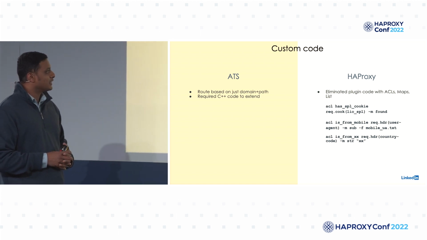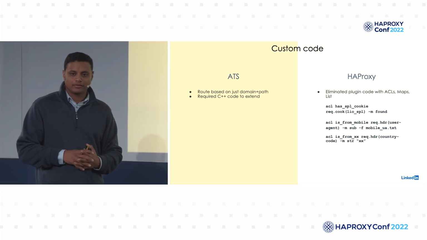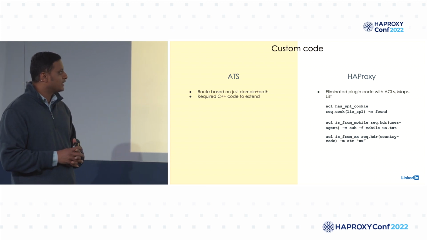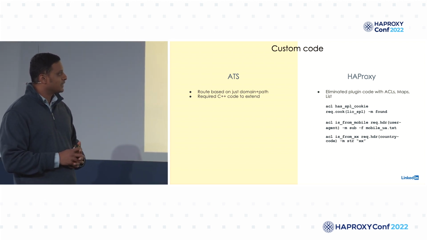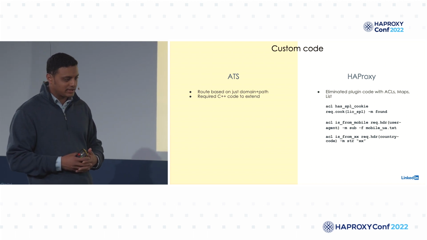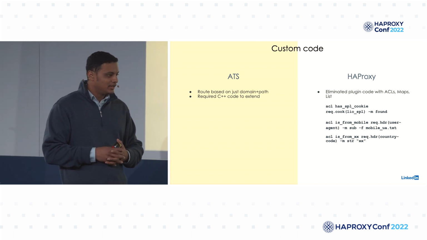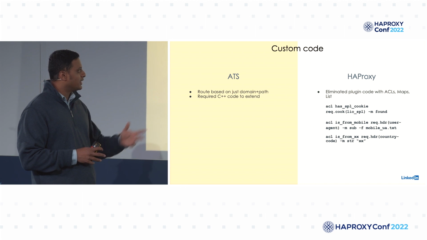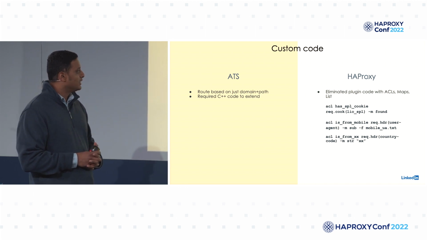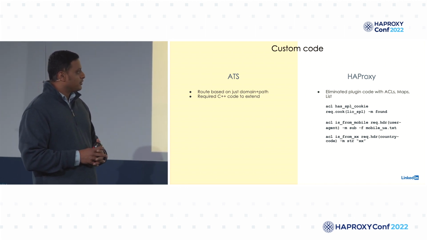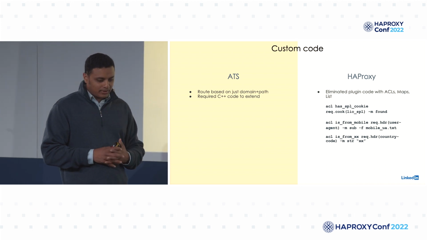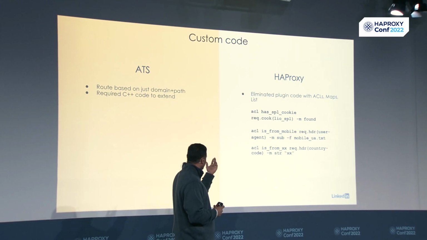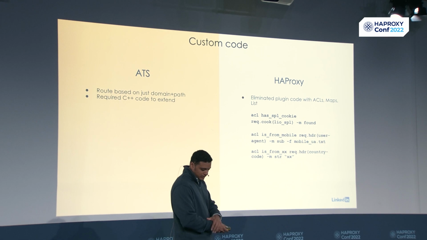Write an ACL for it. Now, if I want to do something different for a mobile user, an ACL, just look at the user agent, compare it with a set of user agents that I can fetch from a file. Very easy. My file looks very simple, and it's just captured in one ACL line. Do something for a request coming from some geolocation? That's also an ACL.